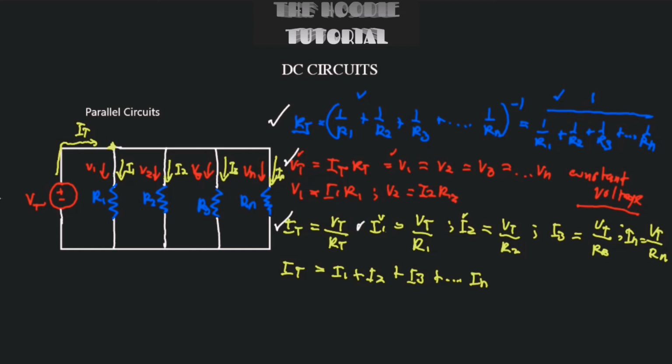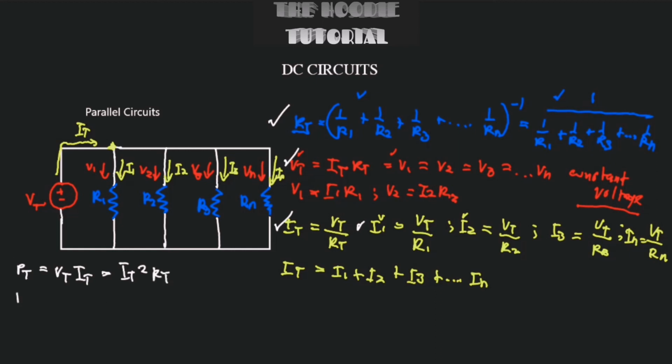How about the power? In terms of calculating the power in parallel circuits, that is the same as calculating in series circuits. So we have PT. We can either use, if we already have the value of VT, VT multiplied by IT. Or also we can use this one: if we have the value of IT, let's square it, and then multiply by the value of RT.